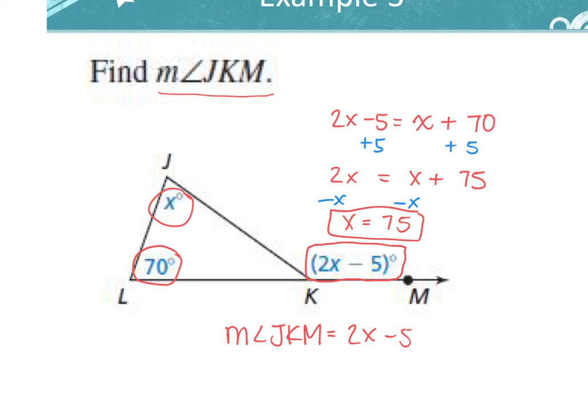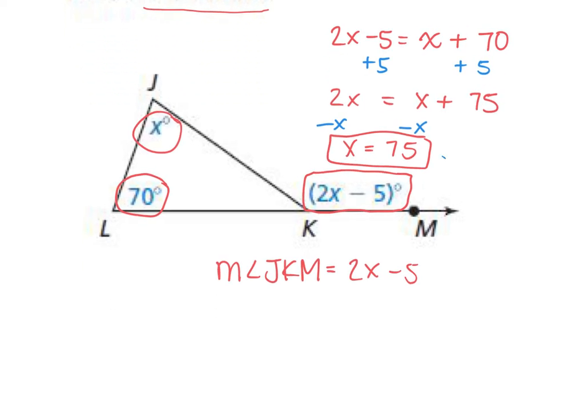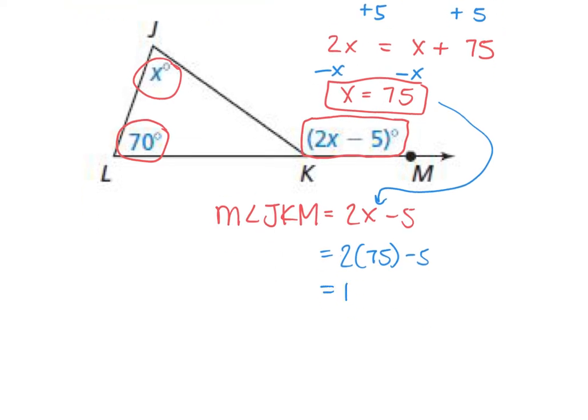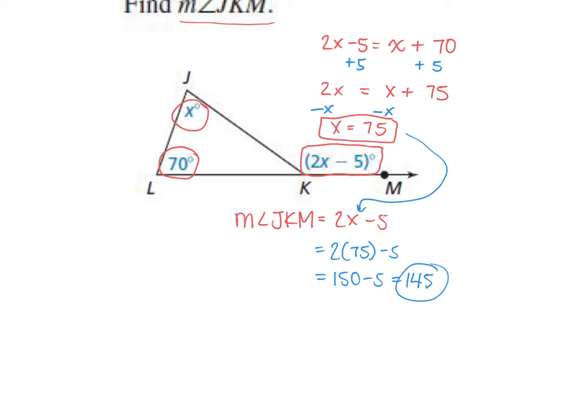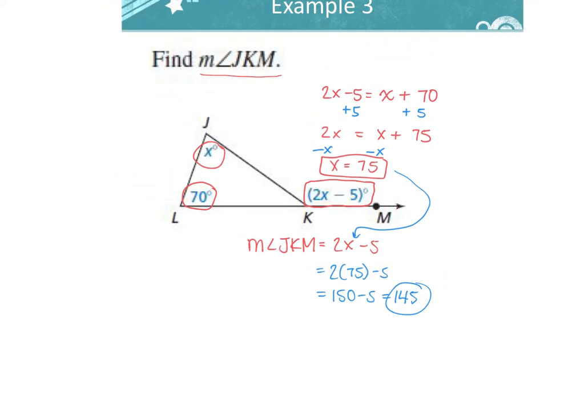So we're just going to take our x, plug it in there, and we get 2 times 75 minus 5, which is 150 minus 5, which is 145. So our missing angle JKM was 145 degrees.